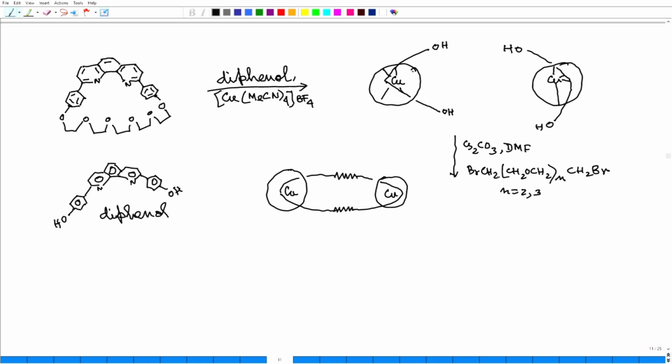This is my spacer. Once we remove copper by treating it with excess potassium cyanide, we get the 3-catenane. So basically this group could make catenanes of this kind, many. Those examples I am writing here, only cartoons.